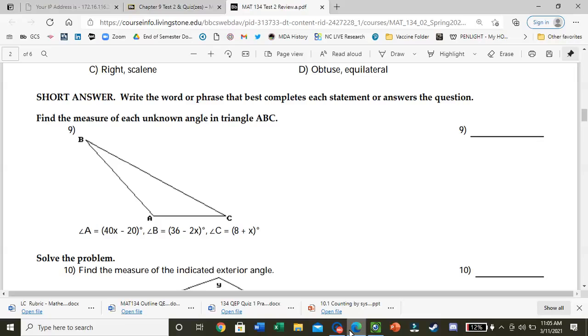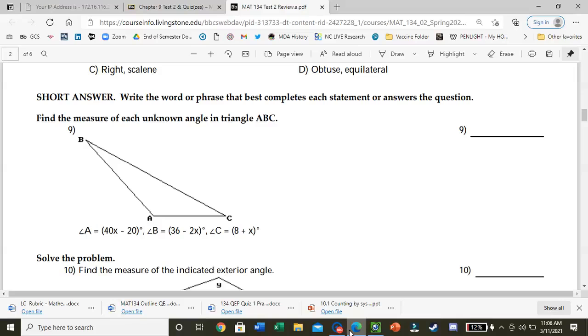All right, so this is problem 9, and we have angle A is 40x minus 20 degrees. Angle B is 36 minus 2x.